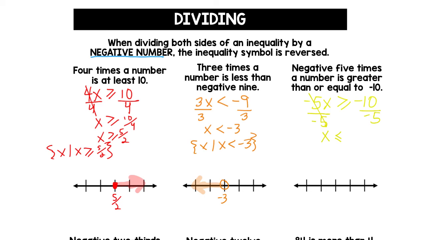And -10 divided by -5 is +2. Our set builder notation. We put the center of our number line at 2. It's going to be a dot on +2, and we will shade to the left.